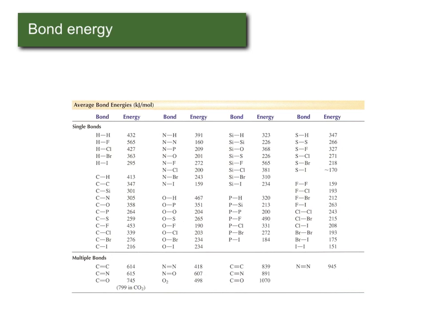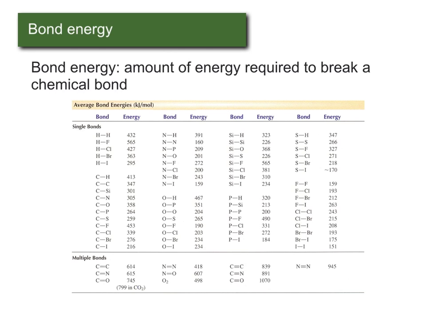The bond energies, some of which are listed in this table, and there's a similar table in your notes, tell you how much energy it's going to require to break that particular bond, or how much energy will be released if we form that particular bond. So we're going to do a couple of examples that show how these bond energies can tell us whether a reaction is going to be endothermic or exothermic.